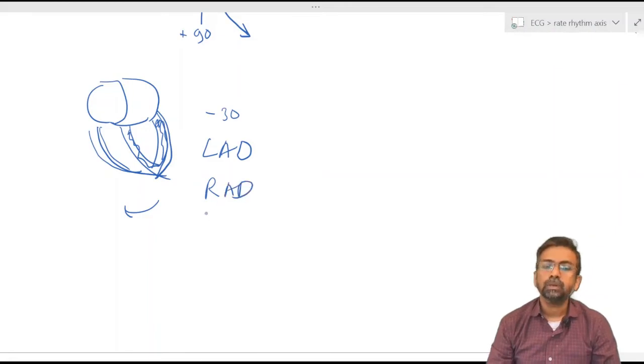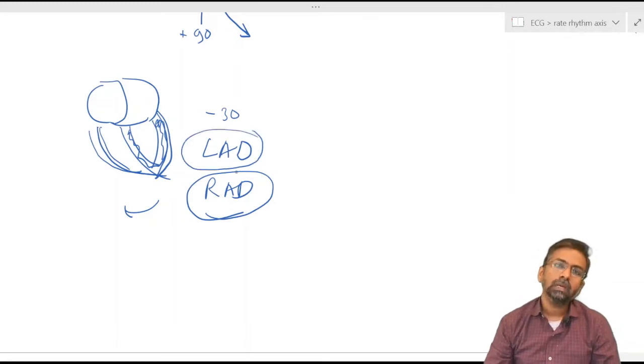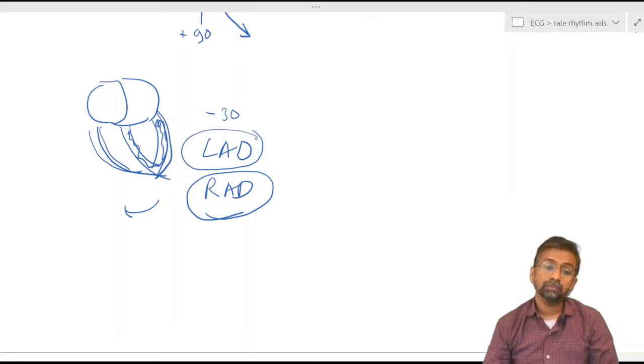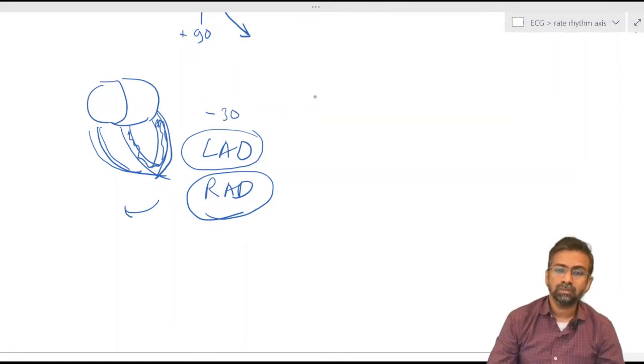So in the ECG you will find there is a left axis deviation or a right axis deviation, and then you have to make some conclusion. If there is a left axis deviation, think whether the patient has left ventricular hypertrophy, or there is another condition that causes left axis deviation called left anterior hemiblock, where there is a block of the anterior fascicle.